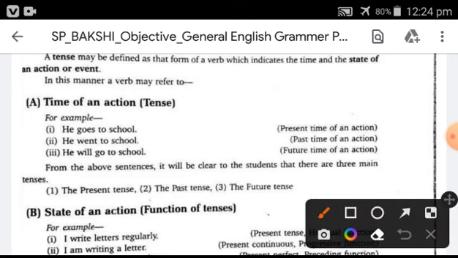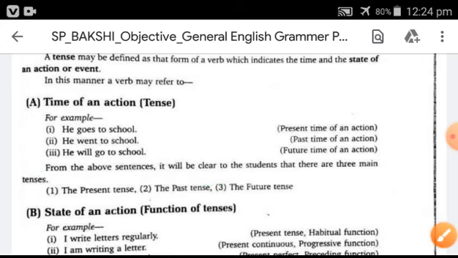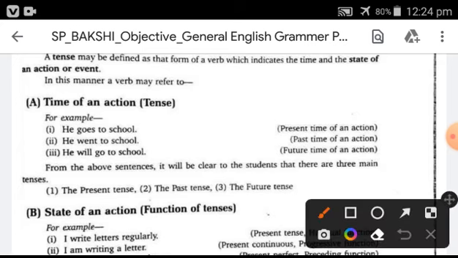From the above sentences, it will be clear to the students that there are three main tenses. How many tenses are there in all? Three main tenses according to time. Listen to my word, according to time.